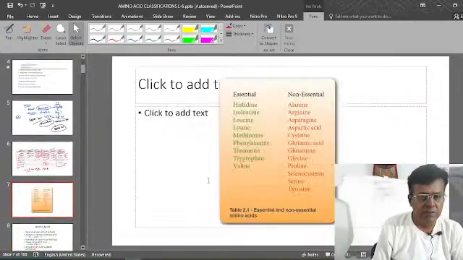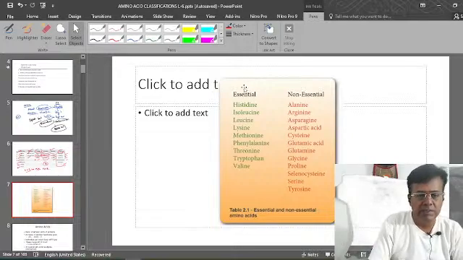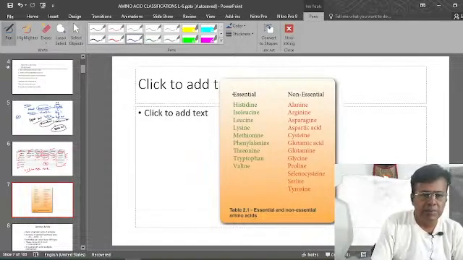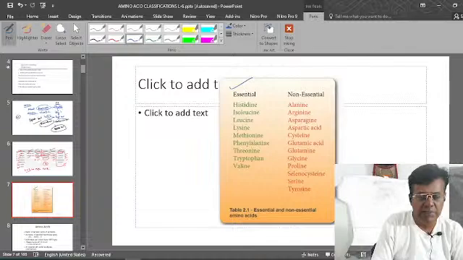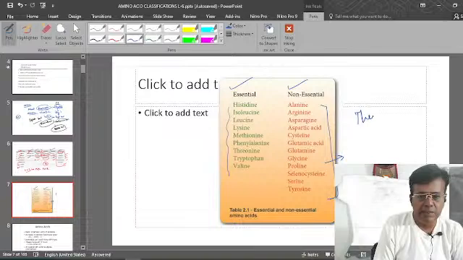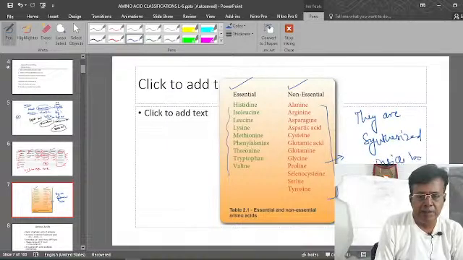Okay. So now you can see we can classify based on the function into two types of amino acid, essential and non-essential. Okay, so essential, these are essentially required from the outside source, and if you're talking about the non-essential, they are non-essential because they are synthesized inside the body.